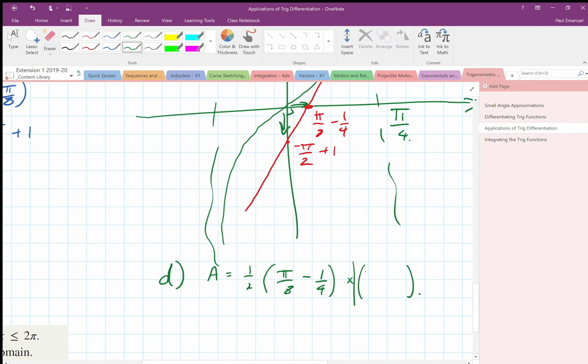So that's the absolute value of negative pi over 2 plus 1, which we must now make positive. Donezo.